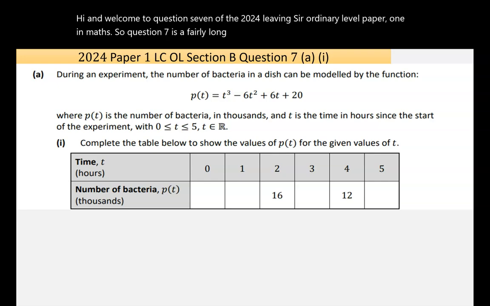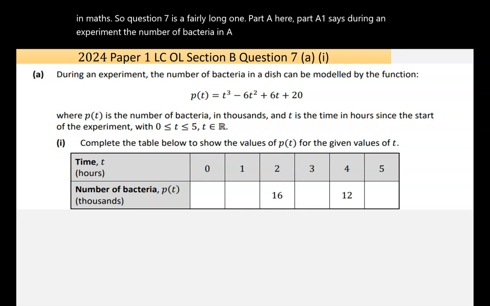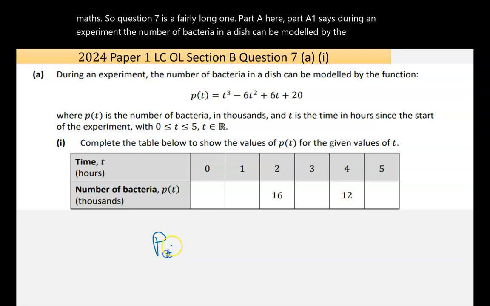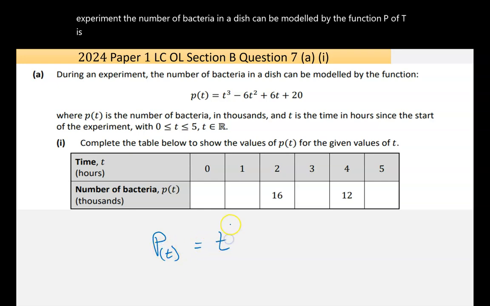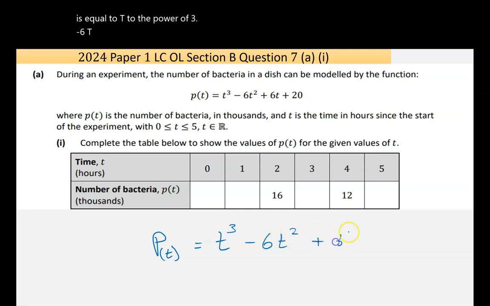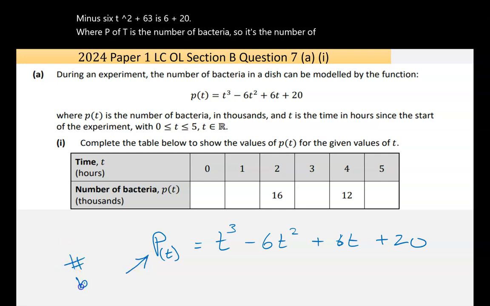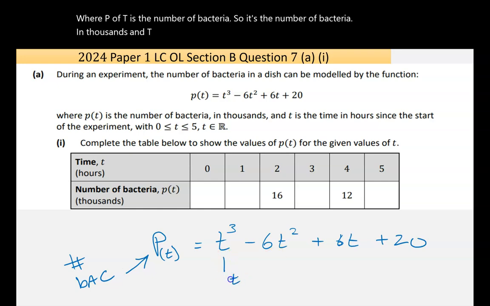Part A1 says, during an experiment, the number of bacteria in a dish can be modeled by the function P of t is equal to t to the power of 3 minus 6t squared plus 6t plus 20, where P of t is the number of bacteria in thousands, and t is time since the start of the experiment, with the time being between 0 and 5.